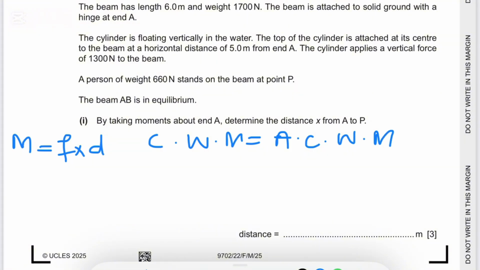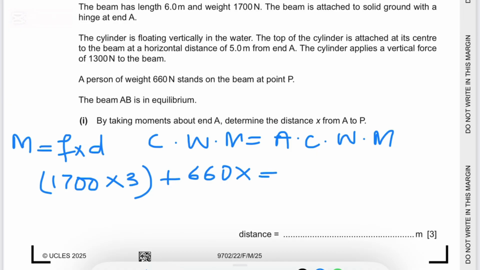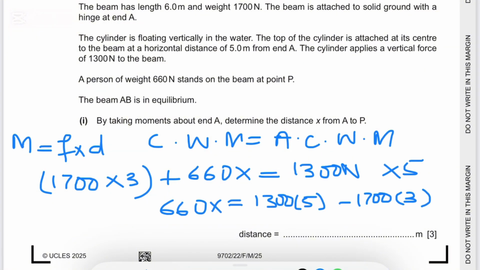Clockwise moment would be caused by weight of the beam, which acts from the center point, which is 3 meters away from end A, and then to that you would add the clockwise moment due to the weight of the person, but you don't know his distance from the hinge A, and that is equal to the anti-clockwise moment caused due to force from the cylinder on the beam, and that acts at a distance of 5 meters. So this distance x is equal to 2.1 meters, correct to two significant figures.